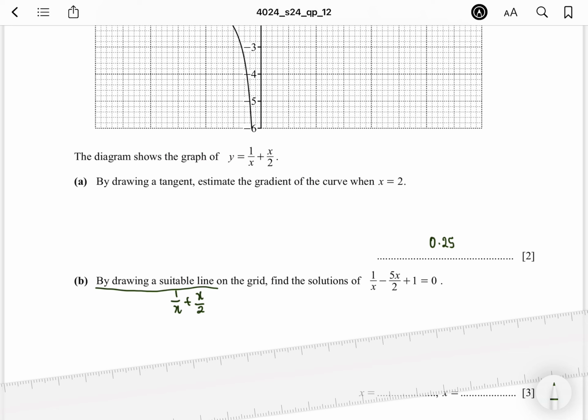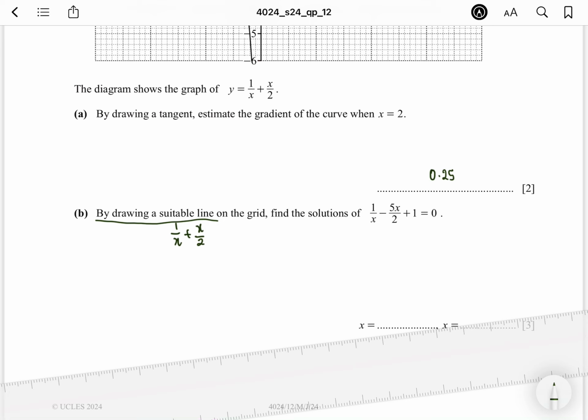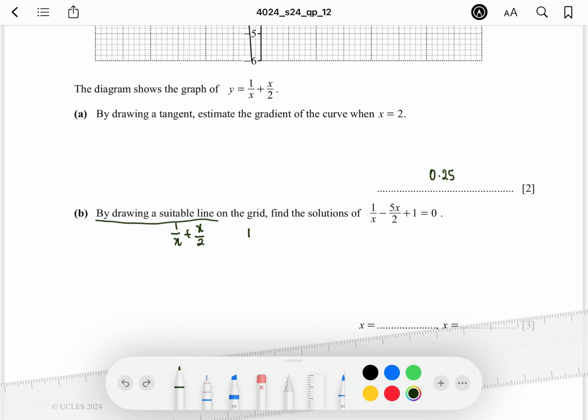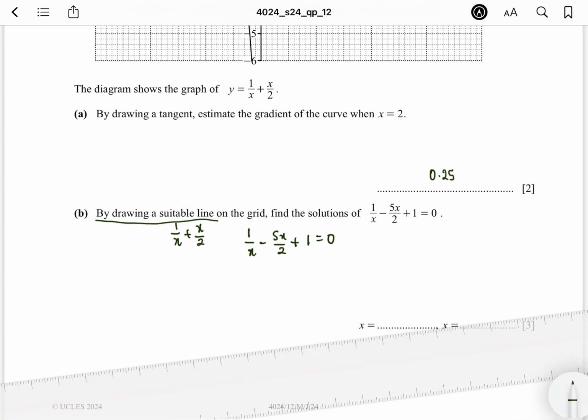However, there is simplifying. So what needs to be done here? You need to manipulate this equation that is given, such that one side, whichever side it is, should look like the expression given.